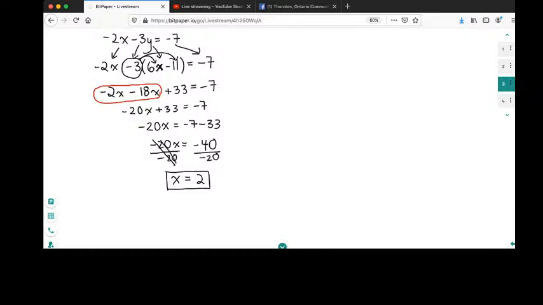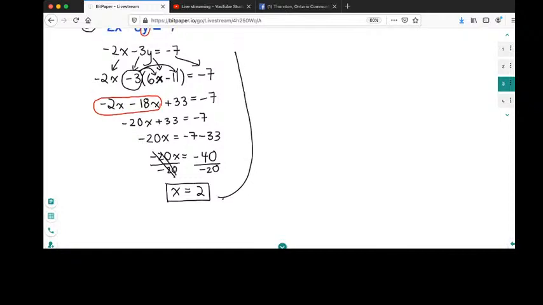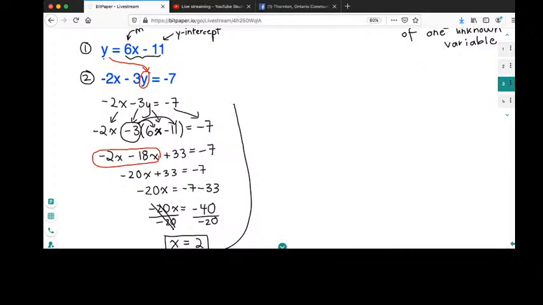X equals 2. So now I'm going to take this, and I'm going to move all the way back up to my original question. So I now know that the x value of the intersection point is 2, and I can plug that into either one of my equations, and I'm going to pick this one because it's easier. So now instead of writing x, I'm going to write 2.